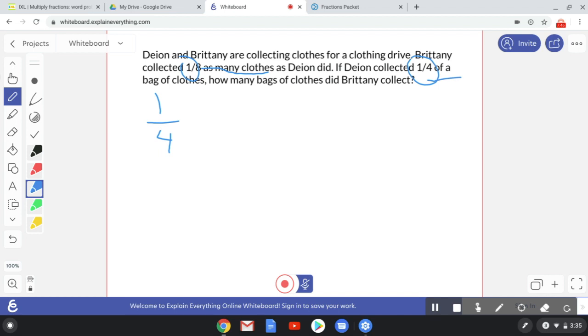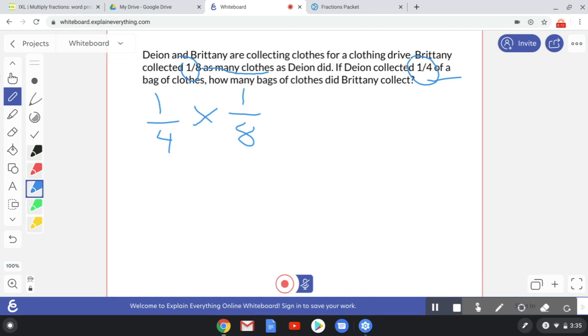So as many as, I'm taking 1/8 of the bag of clothes. I'm taking a portion of the portion, a portion of the clothes that are already there. So 1/8 of the 1/4. I'm sorry, I said that incorrectly. But in your brain, you're taking 1/8 of the 1/4.